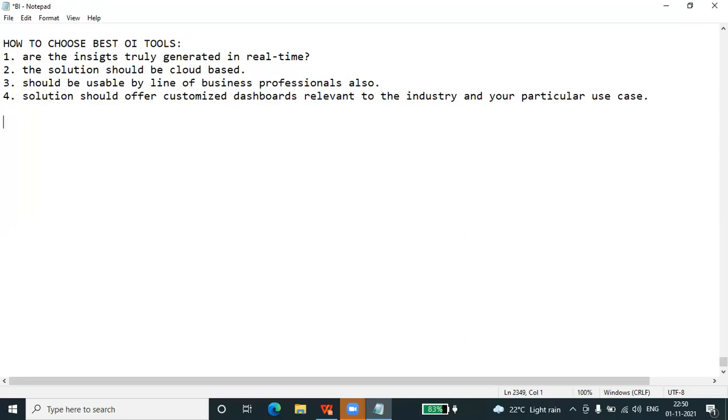Finally, we will see how to get started with operational intelligence. So the first thing is to start with small things and build on them.